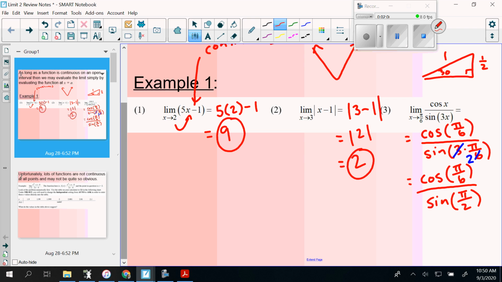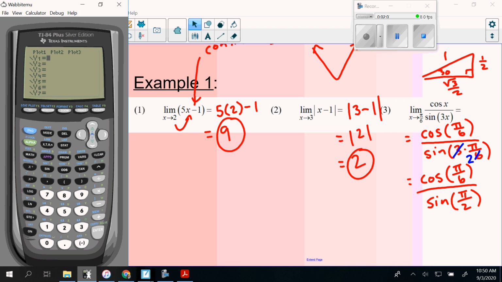And this one should be times square root 3, so it should be square root 3 over 2. You could do it on the calculator as well. Make sure you are in radians mode here, so check that you are indeed in radians, and this one is. So if we do cosine of pi over 6, we do get that approximation for square root 3 over 2.